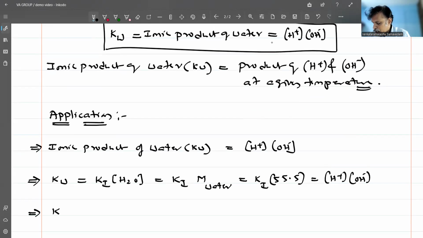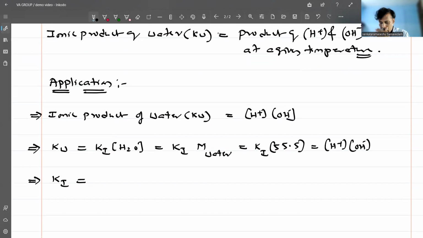From this, I can write Ki. If I want to find the Ki value, I can write the formula Kw divided by the molarity of water. The molarity of water is fixed, 55.5 molar. Then Kw by 55.5 is nothing but Ki.